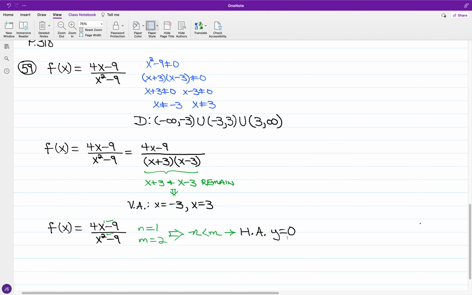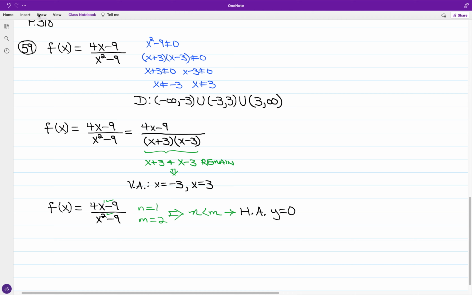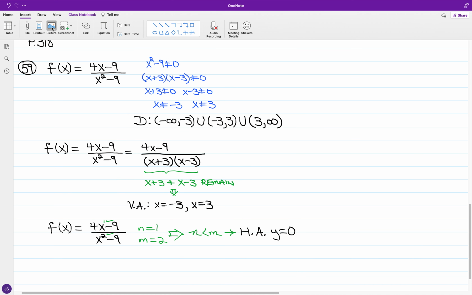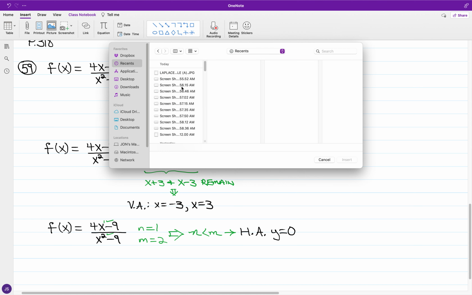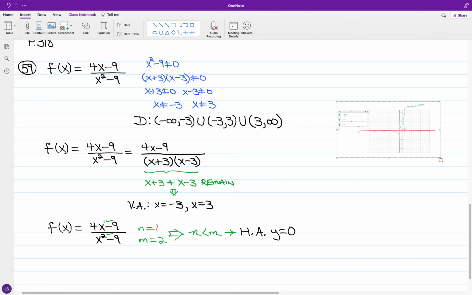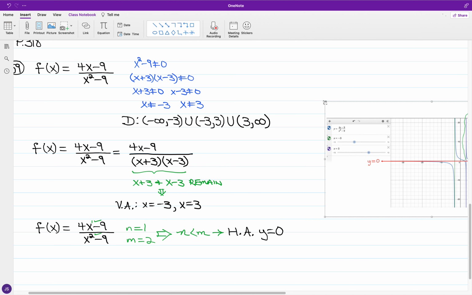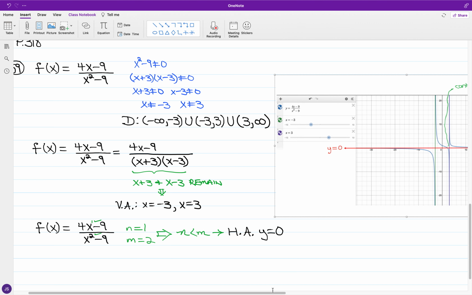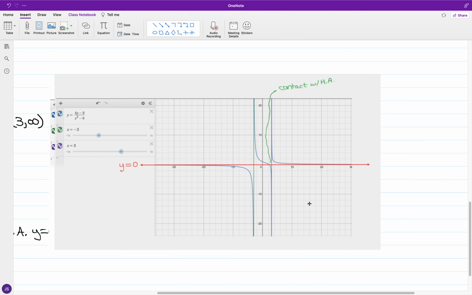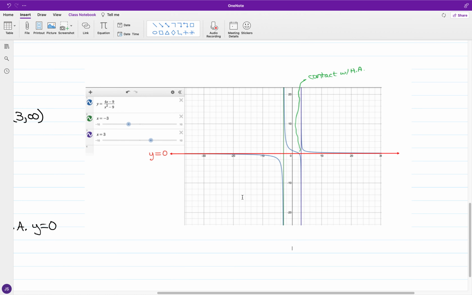In terms of the nature of the graph of this rational function, we have three sections, split up into separate sections. The horizontal asymptote at y equals 0 is the x-axis.